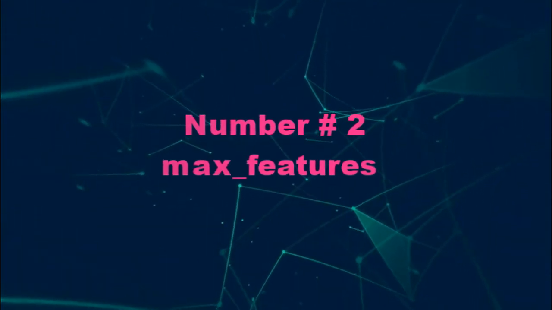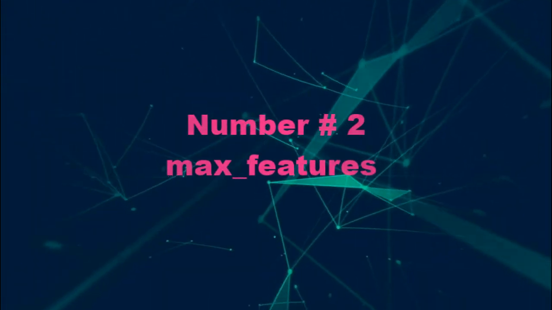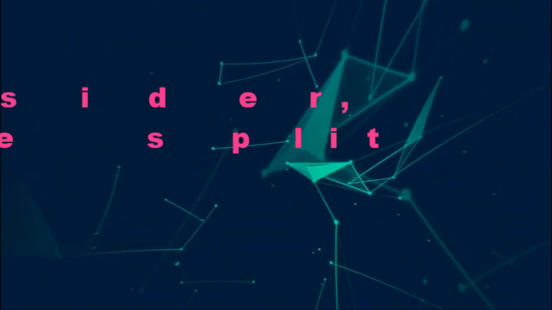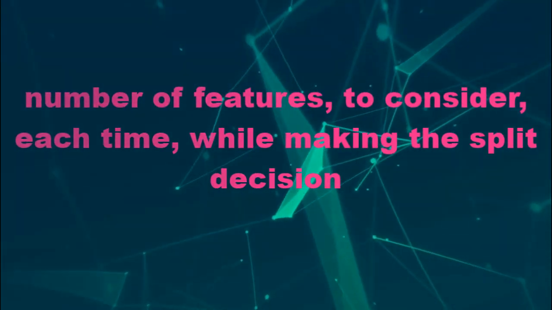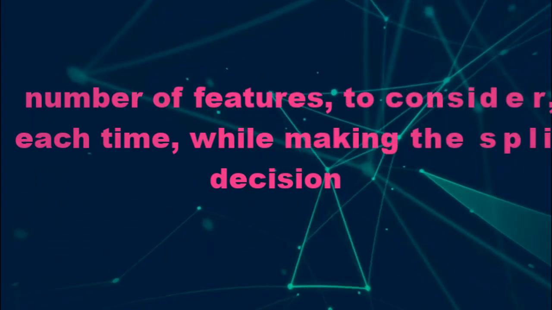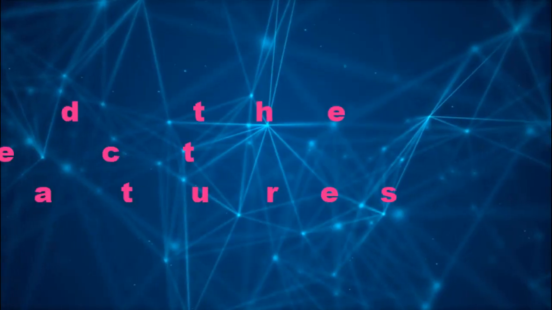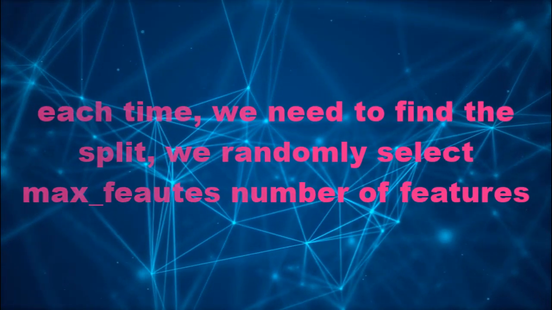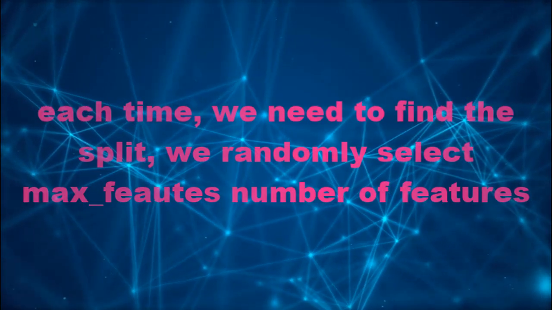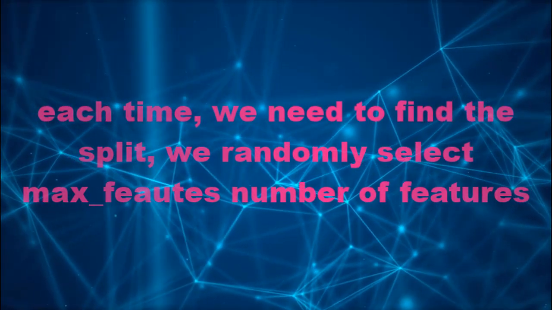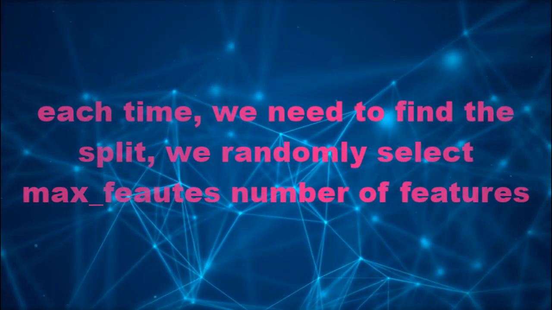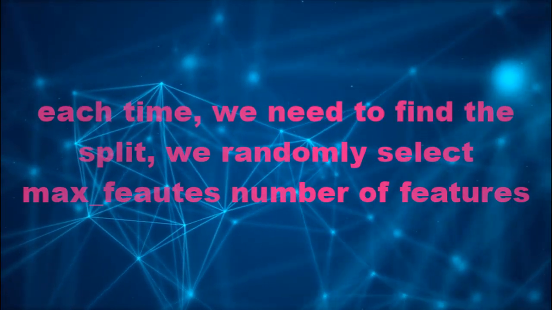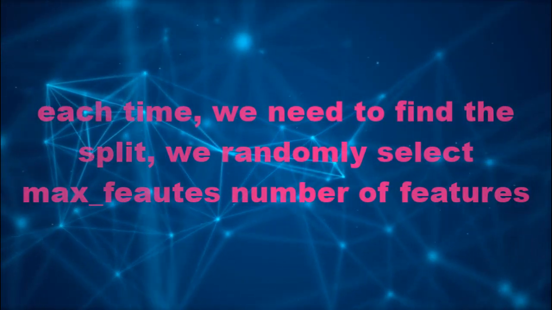The second concept used here is max features. The max features is the number of features to consider each time while making the split decision. Let us say the dimension of our data is 50 and we set the max features to 10. Then each time we need to find the split, we randomly select 10 features.